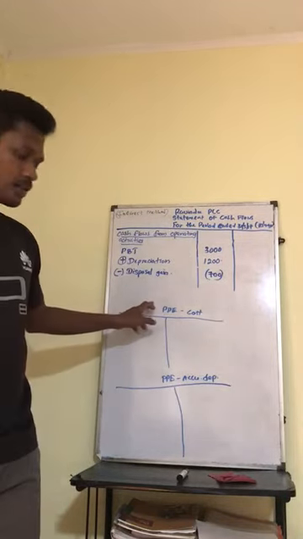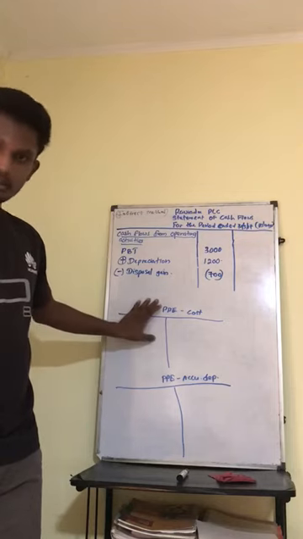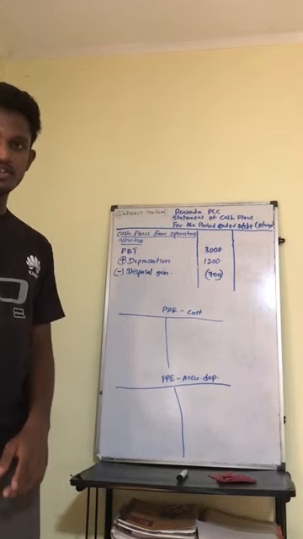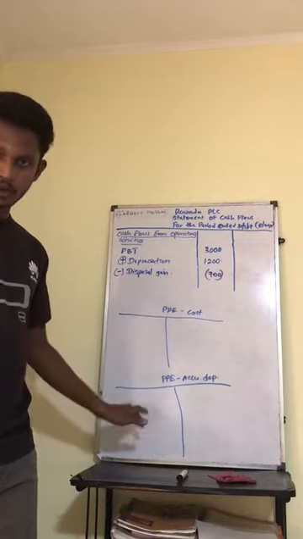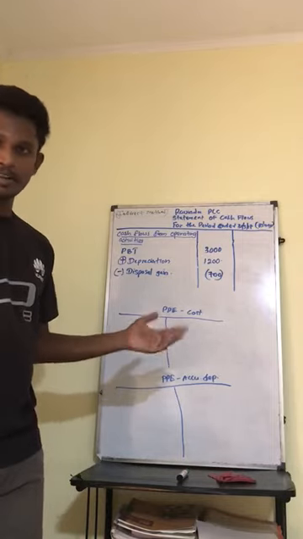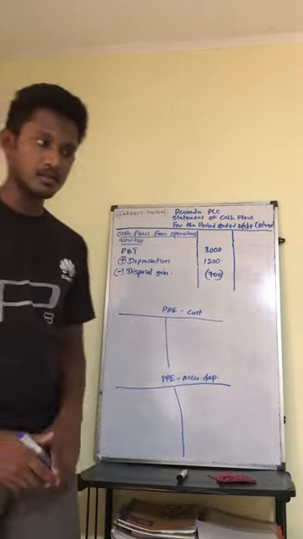I draft two accounts for PPE, cost and accumulated depreciation, and put the opening and closing balances here, because the balance sheet is given.